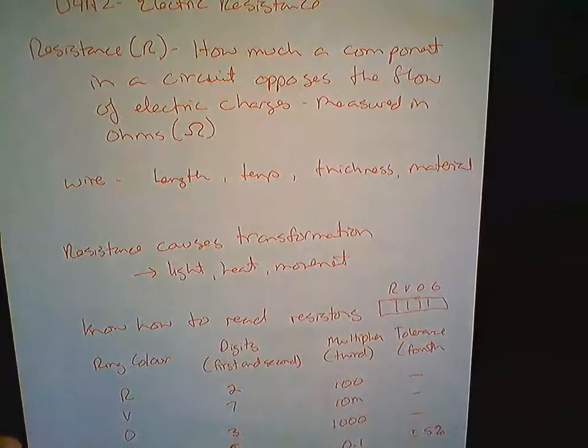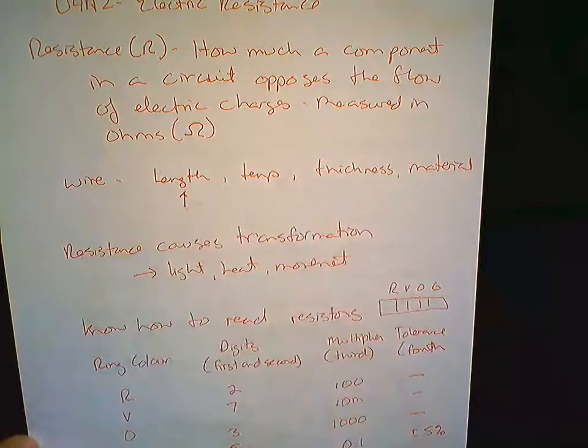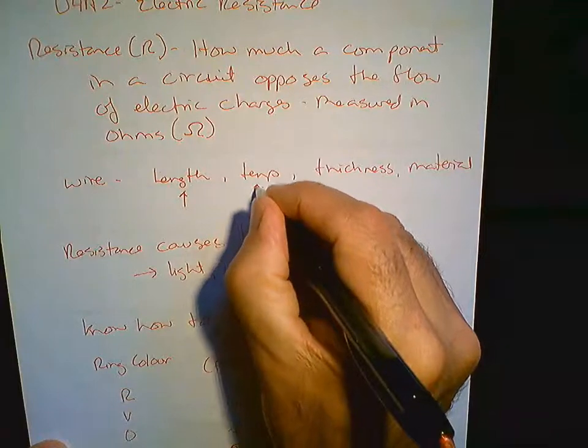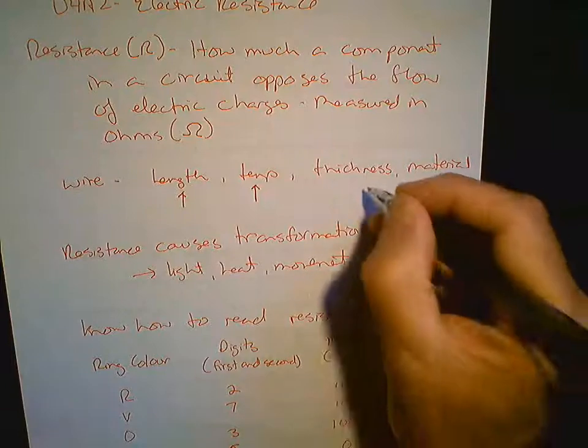The first thing that you have to understand is how the wire affects resistance. So when the electrical current is flowing through a wire, the length of the wire increases the resistance. The temperature of the wire also increases the resistance, because the particles in the wire are bouncing around more. Think about kids being in the hallway who are highly active and moving all around. It would be harder to get through them. Now, think about the thickness.